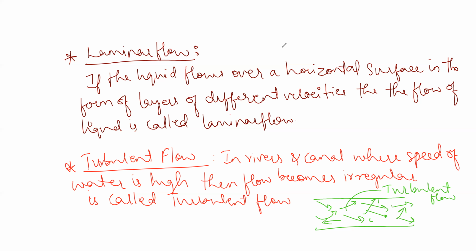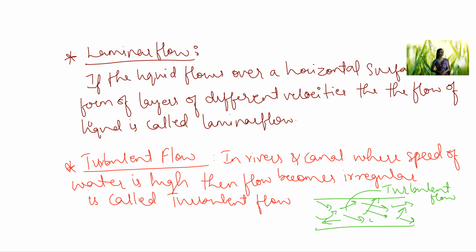So mainly the flow of liquid we classify into two types, that is laminar flow and turbulent flow. Laminar flow means if the liquid flows over a horizontal surface in layers of different velocity, and you can give it another name, streamline flow.